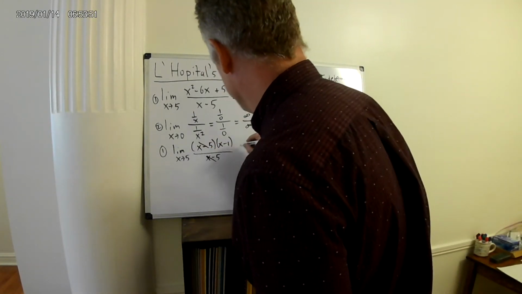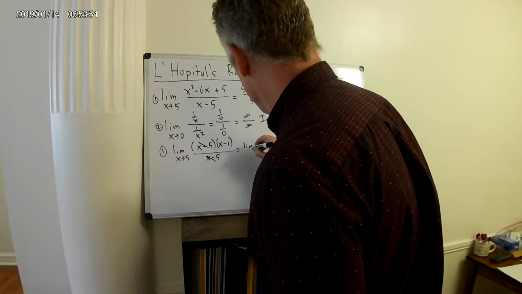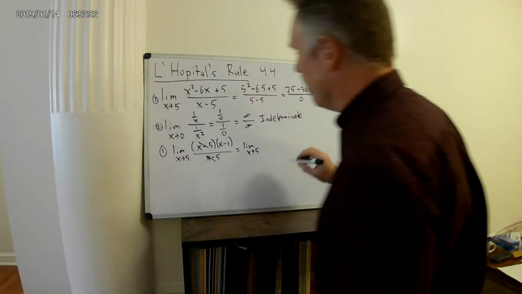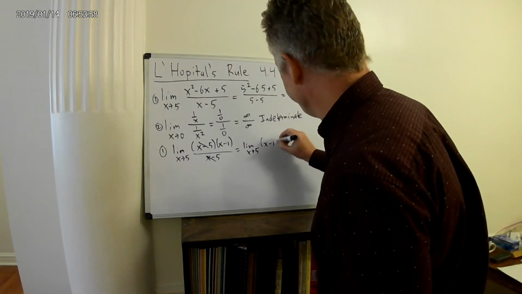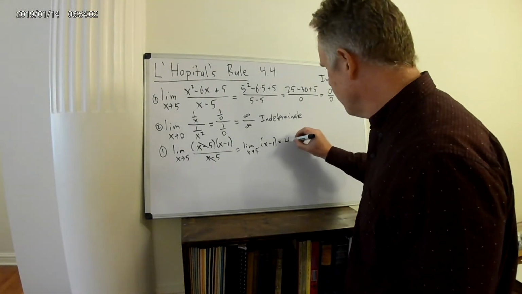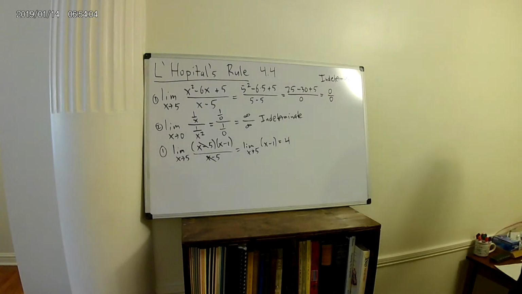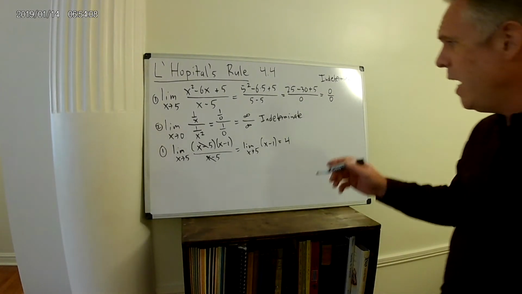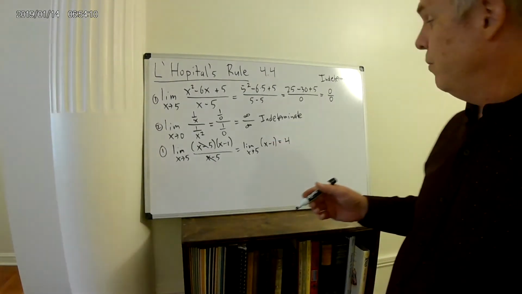These two cancel, and this equals the limit as x approaches 5 of x minus 1. Now if we plug in here, we get a value of 4. And so we can evaluate this limit by simple factoring.